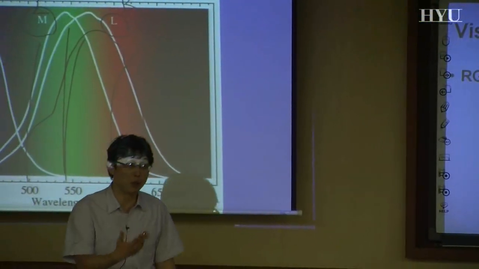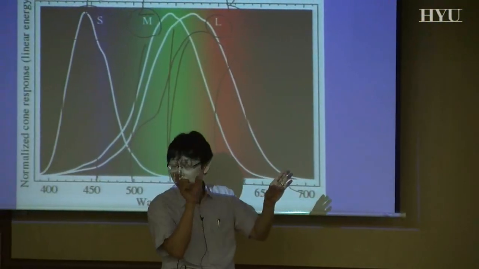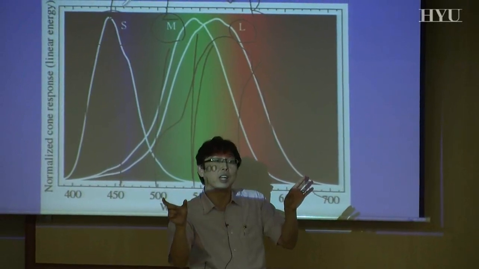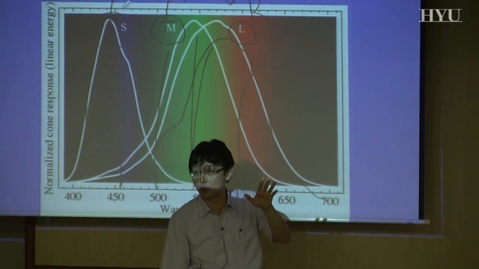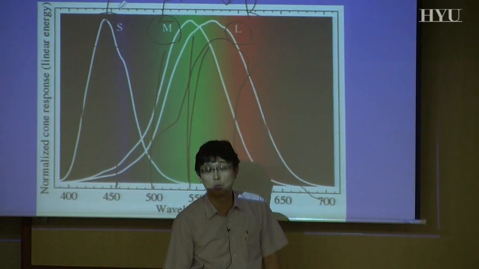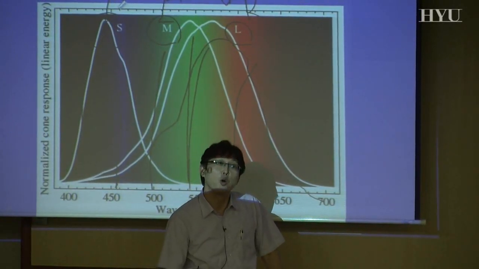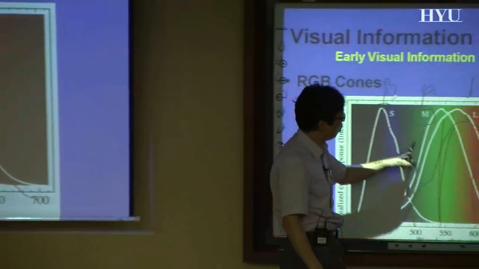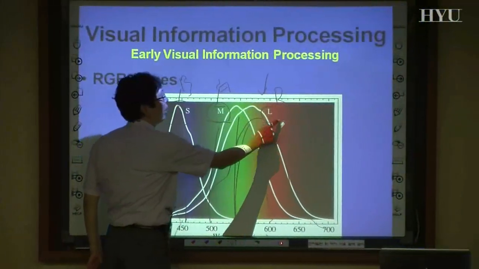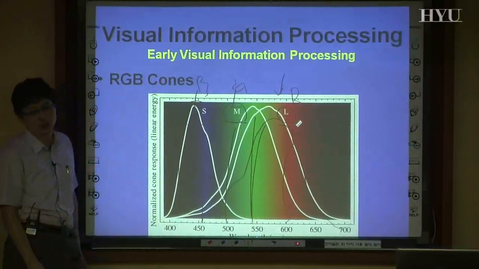In color production in computers, we have exactly 3 distinctive areas. R is 0 to 255, G as well, and B as well, 0 to 255, right? Why don't we have this kind of scheme? Human eyes have a pretty much overlapped area in medium and large wavelength detection.